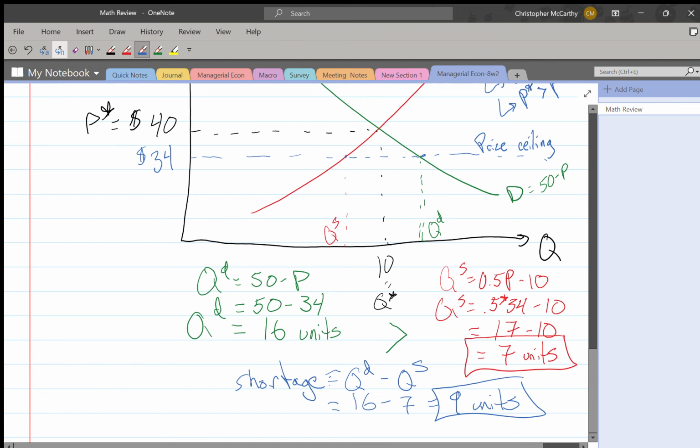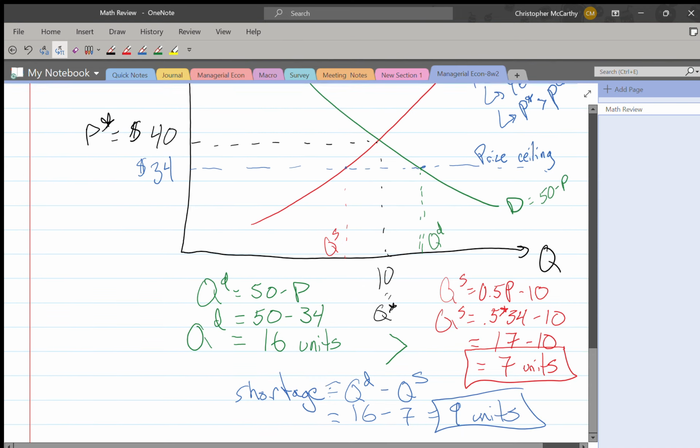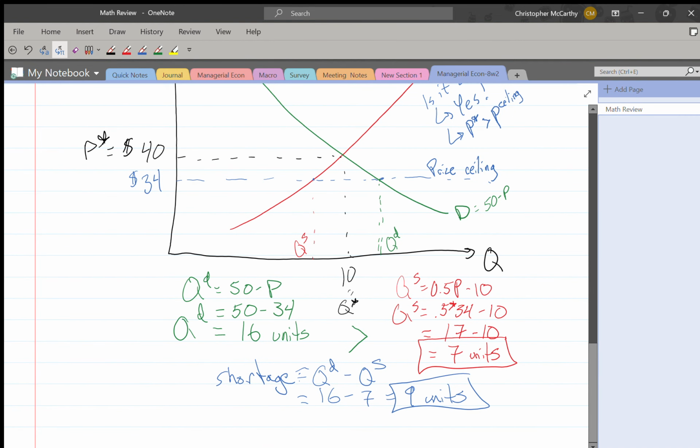Now that's not all. We have one slightly aggravating follow-up question, and we're asked, what is the full economic price? So what does this mean?